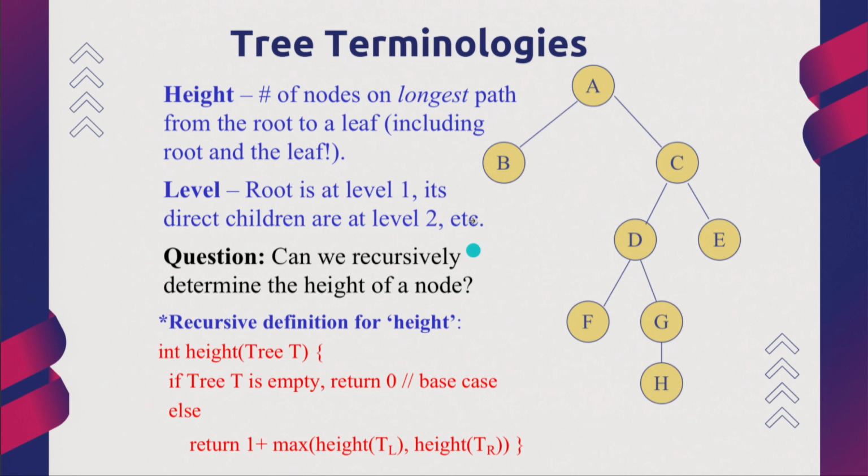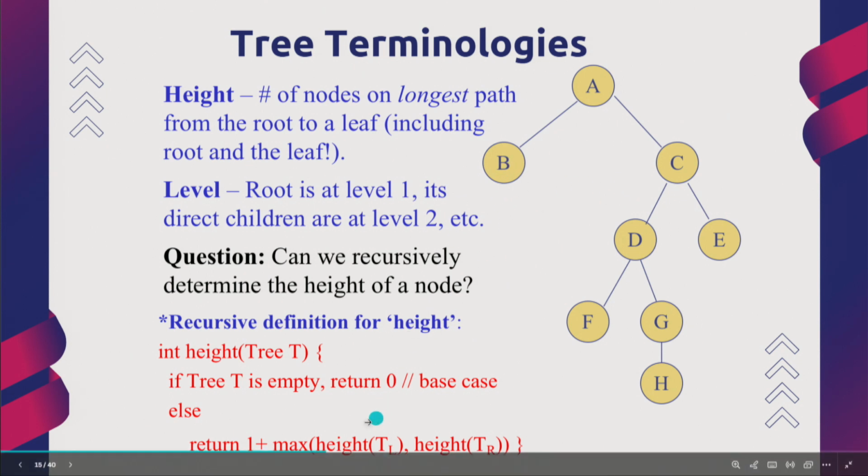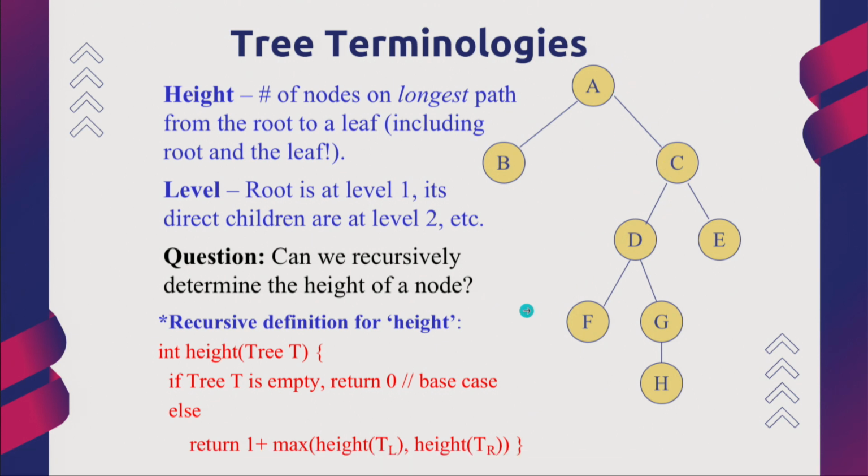So, this is 4, and height of left subtree is just 1. We have only one node which is B, and so the height of the left subtree is 1. So, the maximum among that is 1 and 4, which is 4. To 4 we add a value of 1 to include the root level, and so the height of the tree is going to be 5 in this case. So, this is the standard way of computing the height of the tree recursively.